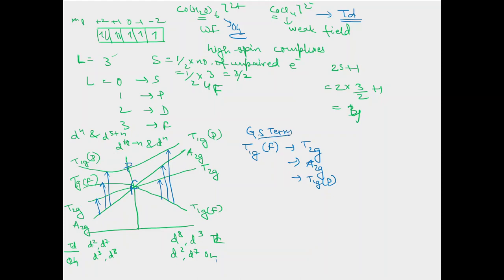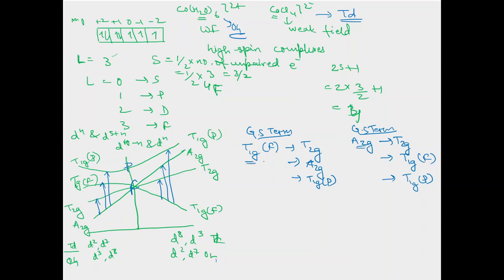whereas for the d7 tetrahedral one, the ground state term is 4A2, and the transitions are from 4A2 to 4T2, 4A2 to 4T1(F), and 4A2 to 4T1(P). So the ground state for CoCl4 2- will be 4A2.